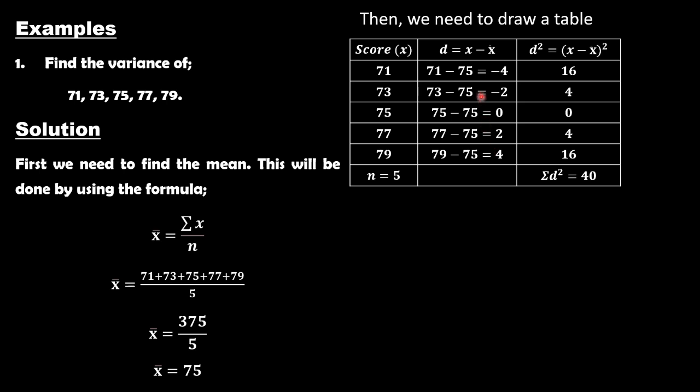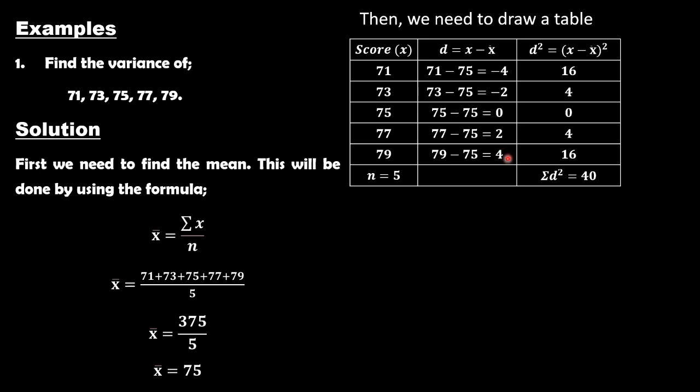Now, after getting this deviation, what we need to do is square the answer that we get. That is, minus 4 squared will give us 16. Minus 2 squared will give us 4. 0 squared remains 0. 2 squared equals 4.